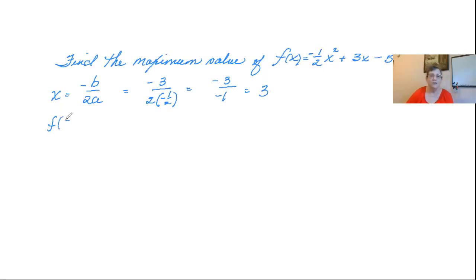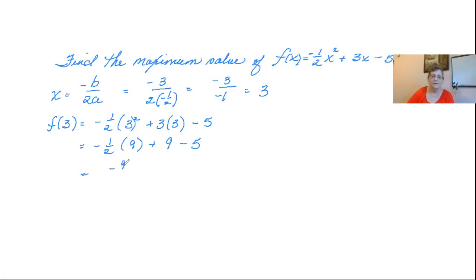And f of 3 is negative 1/2 times 3 squared plus 3 times 3 minus 5. Negative 1/2 times 9 plus 9 minus 5. Negative 9/2.